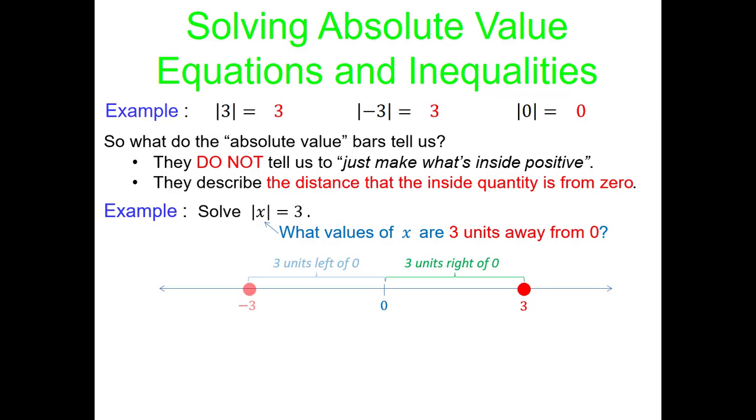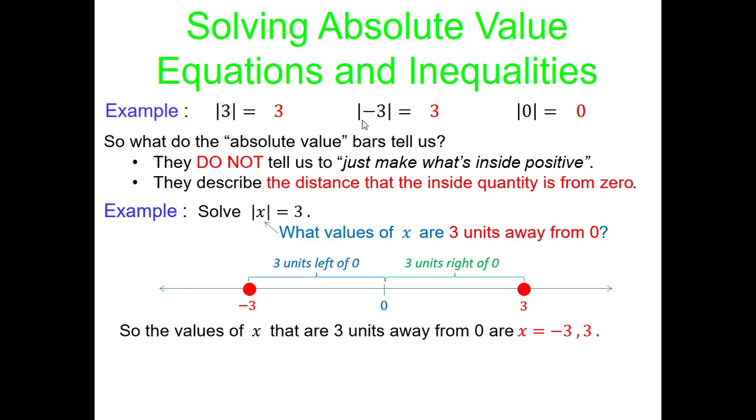But we should also recognize that -3 is also 3 units away from 0. That's why we actually are going to get 2 different answers, and that's another reason why the absolute value of 3 and -3 both give me the same result. So for the solutions of the absolute value of x equals 3, my answers are -3 and 3, because they're both 3 units away from 0.